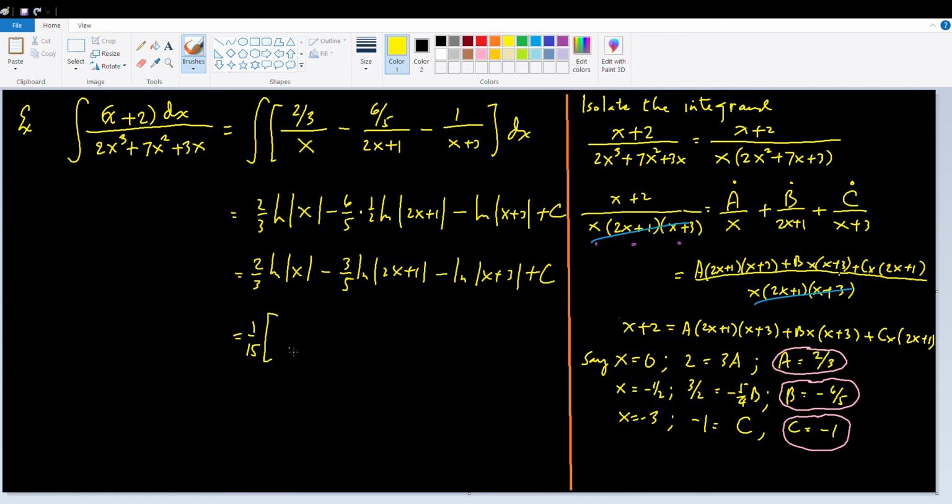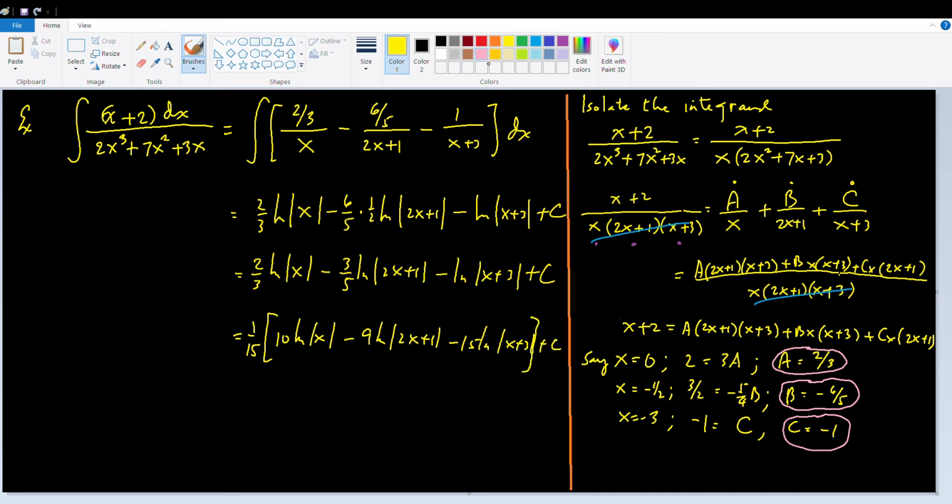Factoring 1 over 15, 15 divided by 3 is 5 times 2, that will be 10 ln of x. Minus 15 divided by 5 is 3 times 3 is 9 ln absolute value of 2x plus 1 minus 15 ln of absolute value of x plus 3 plus c.